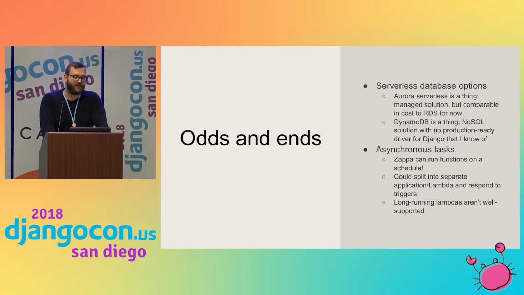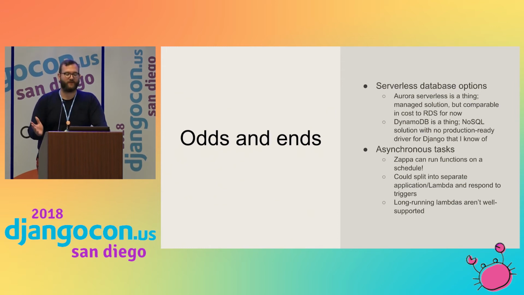And then you can also run asynchronous tasks. Zappa can actually run functions from your code on a schedule if you like. You can specify things in a cron syntax and say every 4 hours, please run this thing. If you wanted to do Celery workers and things like that, you'd have to look into that yourself because that's not a domain I'm familiar with.